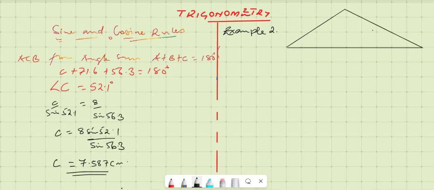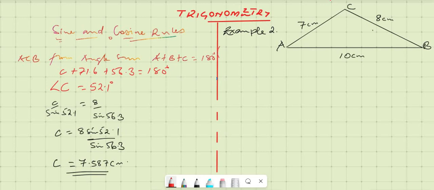In that triangle, let us use triangle ABC, and you discover that the lengths you have measured on your model are 10 centimeters, 7 centimeters, and 8 centimeters. When you have a triangle like this, only the sides are given, the angles are not given.